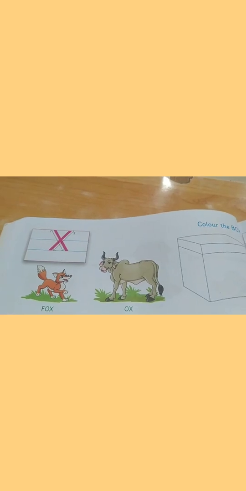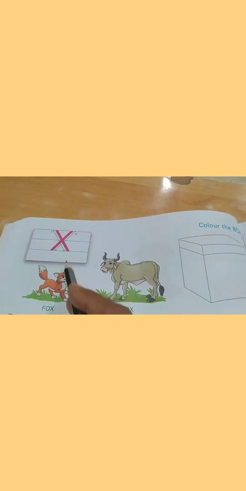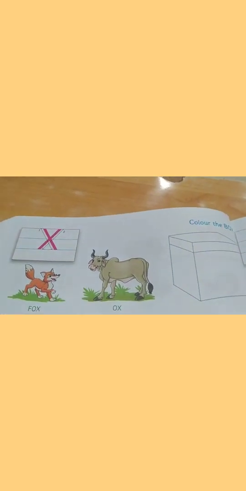Have you got it? See here. F for fox, X for ox, X for box. Okay. Fox, ox, box.